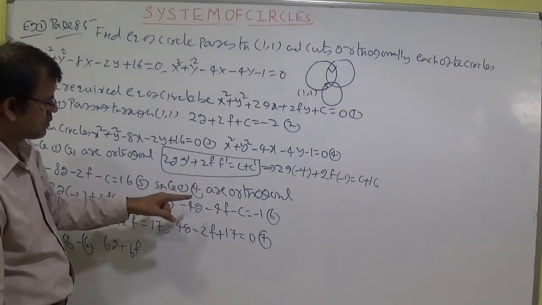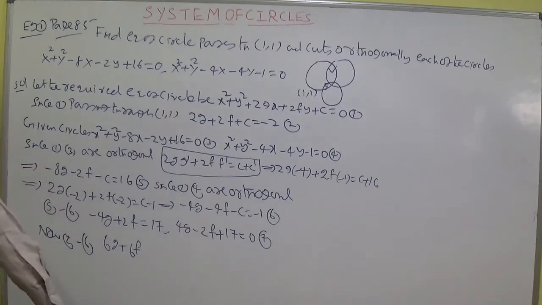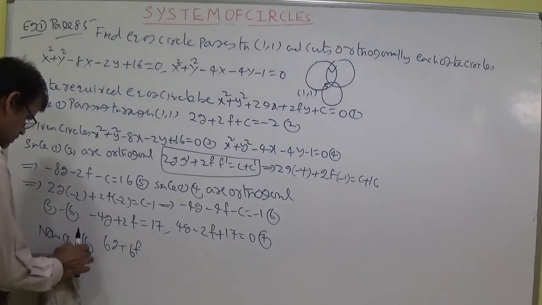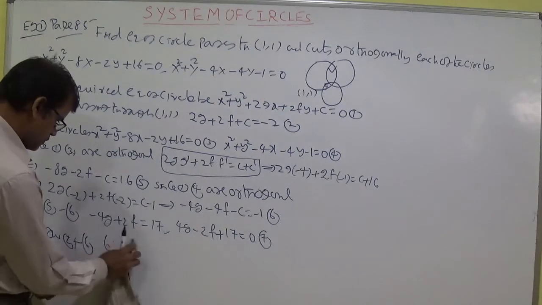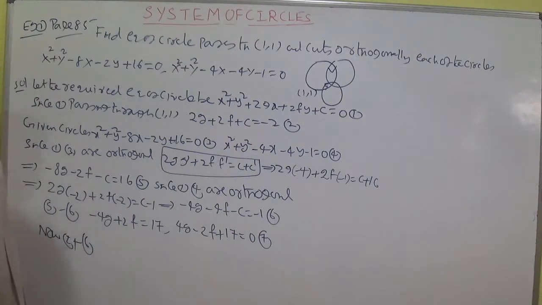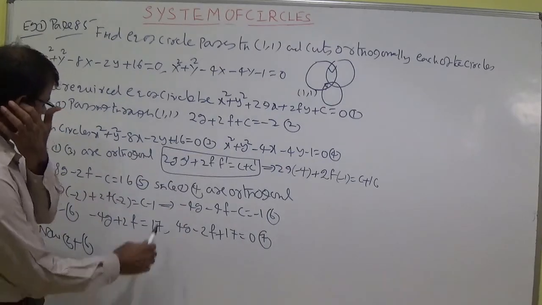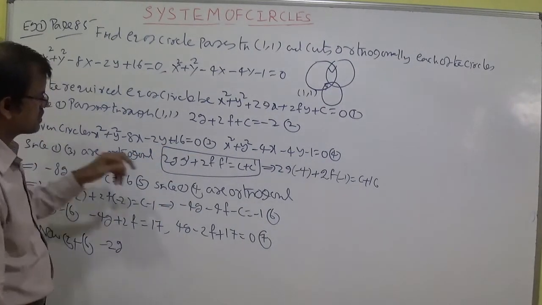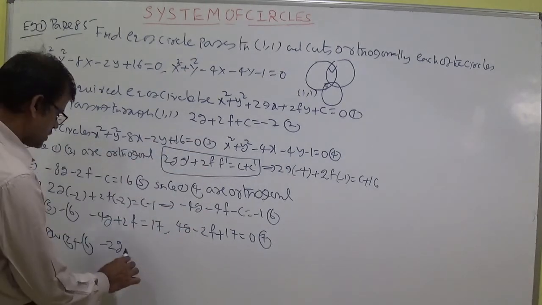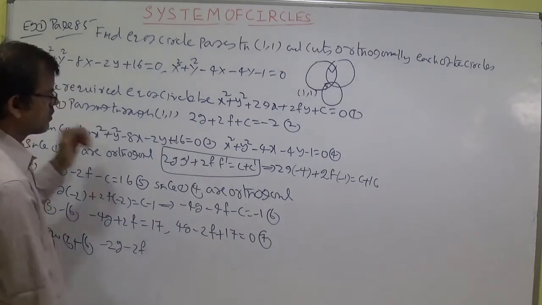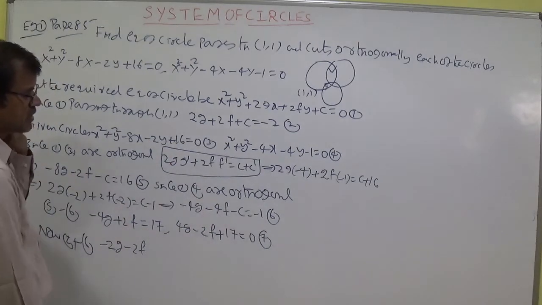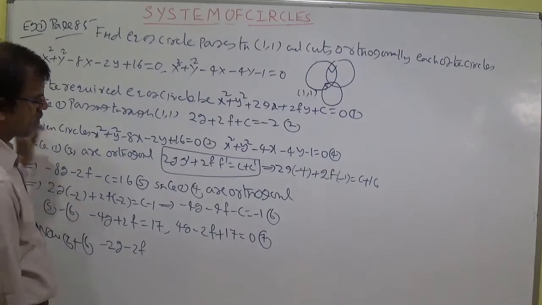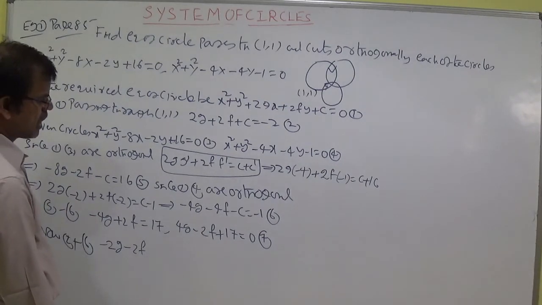It is better to add, not subtract, so 2 plus 6, because c should get cancelled. 2g minus 4g, adding, is minus 2g. 2f minus 4f is minus 2f. c minus c will get cancelled.